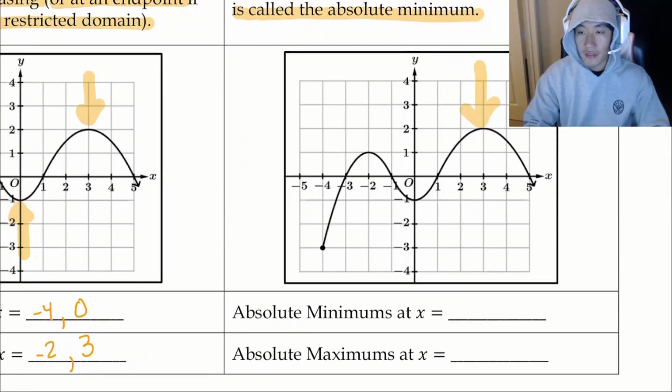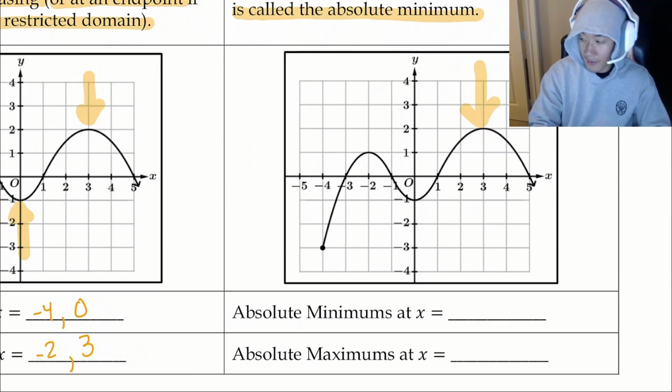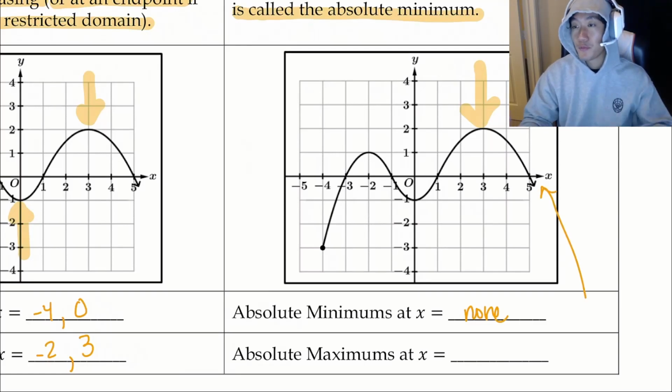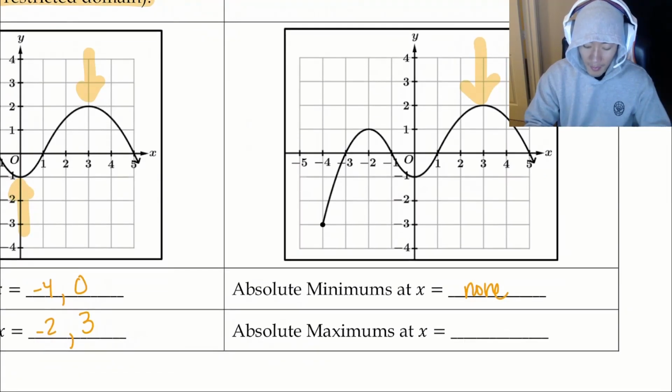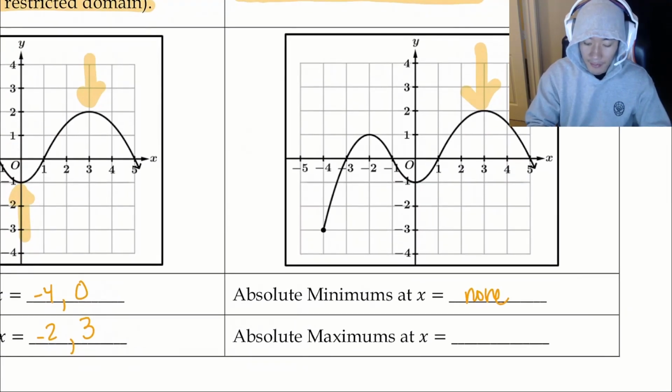For my absolute minimum, we should say none, due to the fact that this arrow here goes down forever, which means I don't have a smallest place that I can rest at. But there is a maximum, the highest point of my graph, located at x equals 3. Hopefully this idea is straightforward.